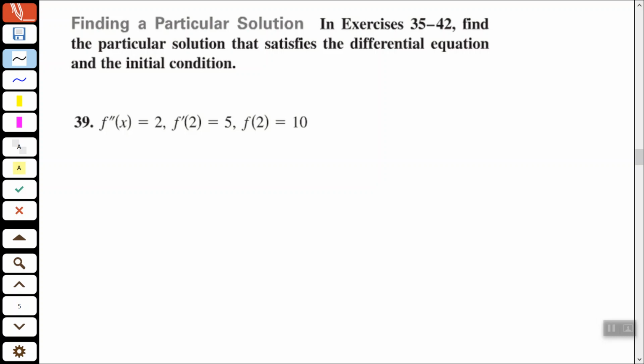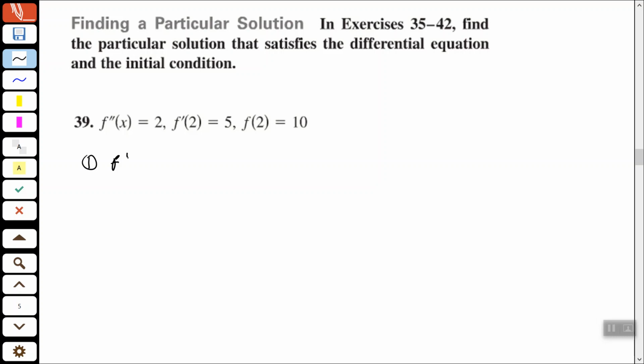We have f double prime of x equals 2, f prime of 2 equals 5, and f of 2 equals 10. So our first goal is going to be to find f prime, and our final goal is to find f of x.